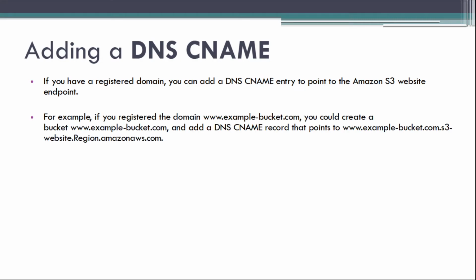For example, if you register the domain www.examplebucket.com, you could create a bucket www.examplebucket.com and add a DNS CNAME record that points to www.examplebucket.com.s3-website.region.amazonaws.com. So you need to create your bucket name like that, in your DNS format, so you can then use it as your domain name.